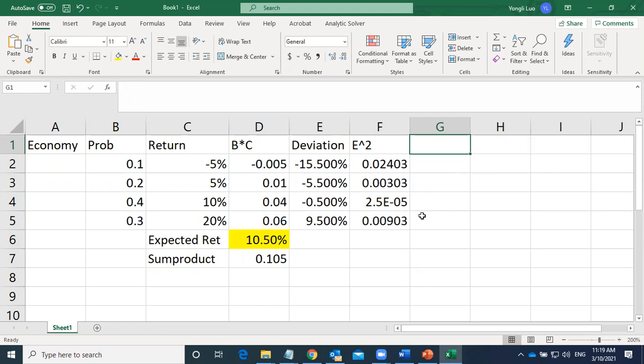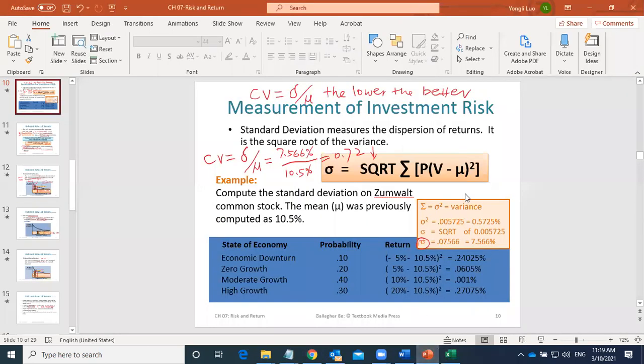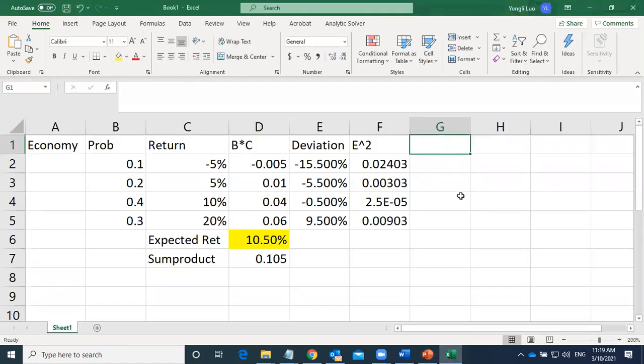Now go back to it again. After you square this part, you have to multiply by the probability. So the probability is column B, times the column E squared deviation.